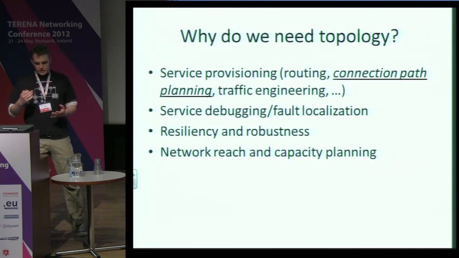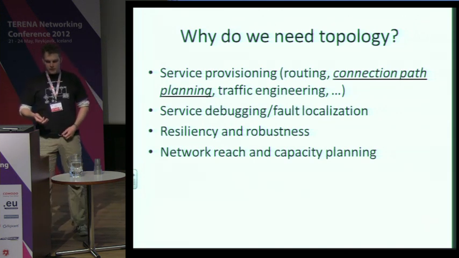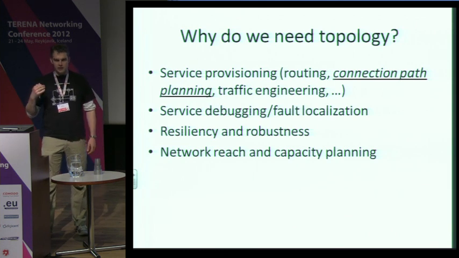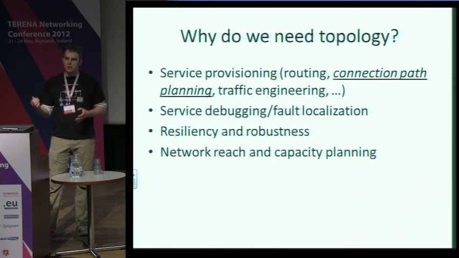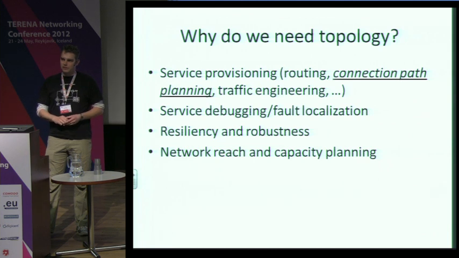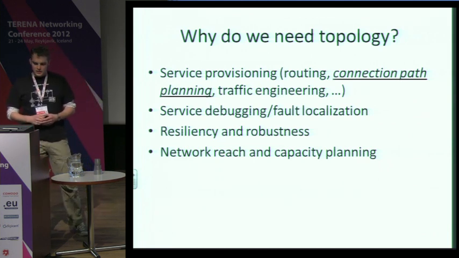Once you have a path in place, knowledge of the topology is very useful if you want to do service debugging and fault localization, so that you can figure out where the problems are, who you can contact about them, and possibly route around them.